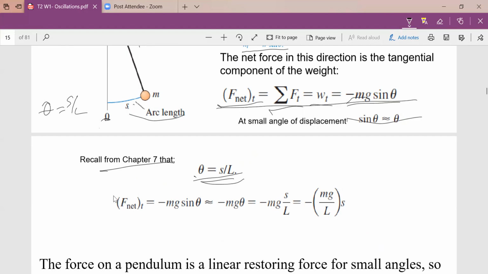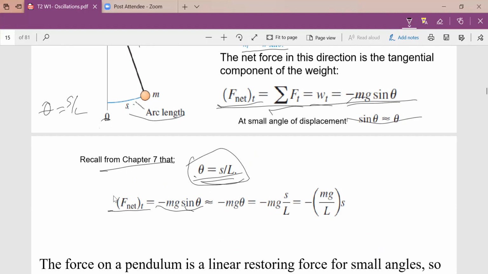Therefore, our net force is equal to minus mg sine theta. And at small angle, sine theta is equal to theta, so we'll have minus mg theta. Putting the value of theta, we'll have minus mg s over L.